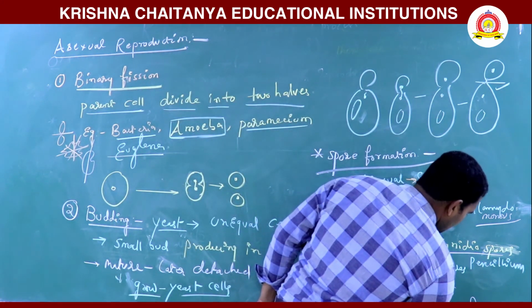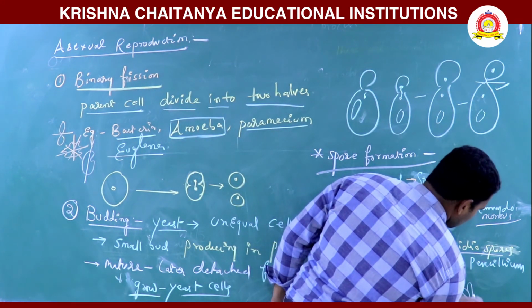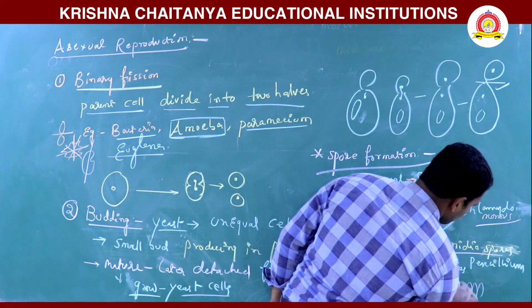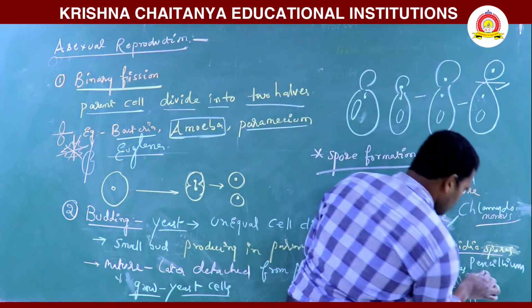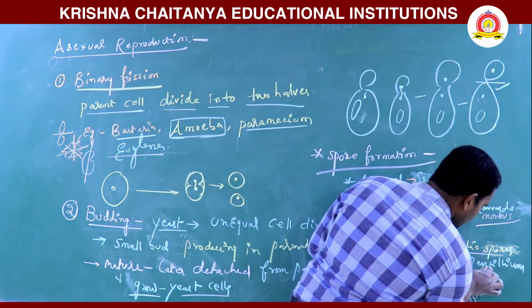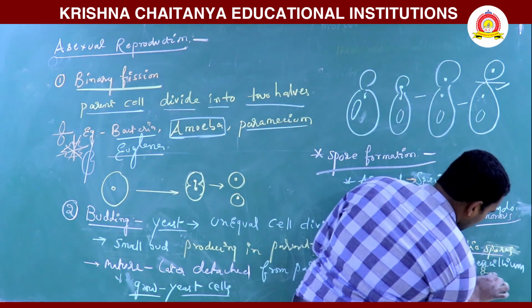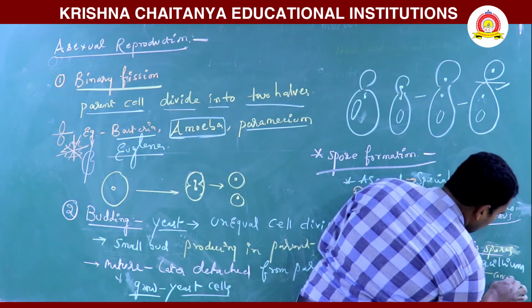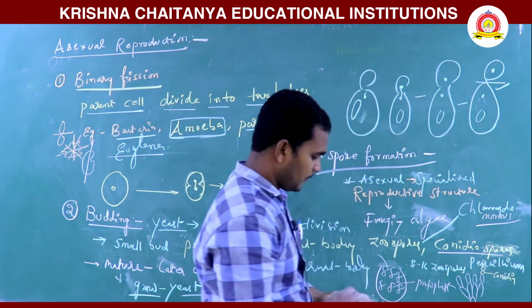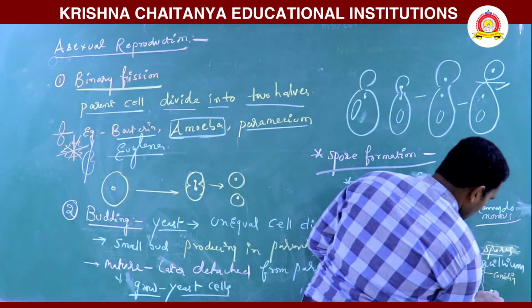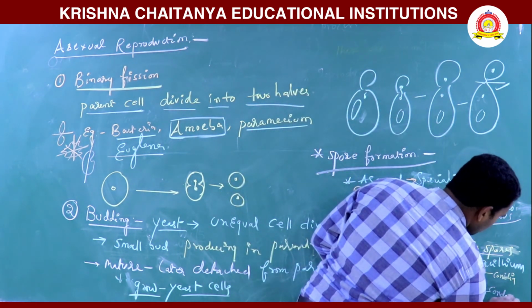This is the conidiophore, a small hypha, producing conidial structures. This is called a conidium, and this is called a conidiophore.